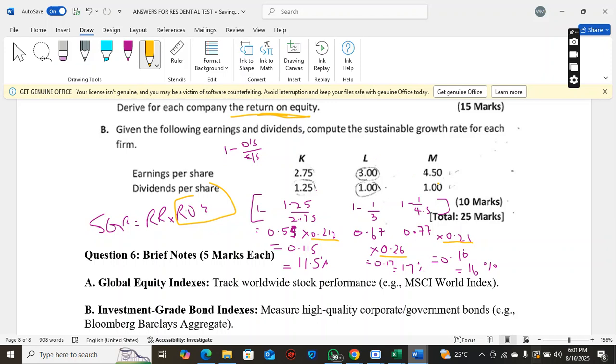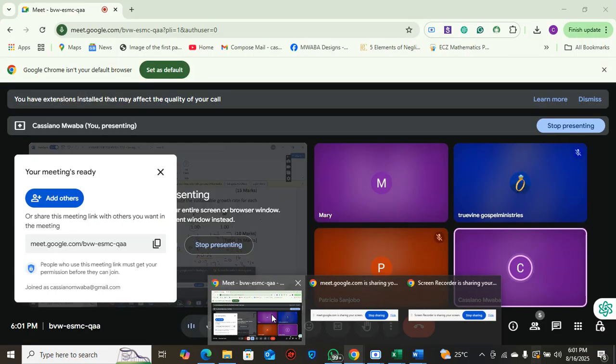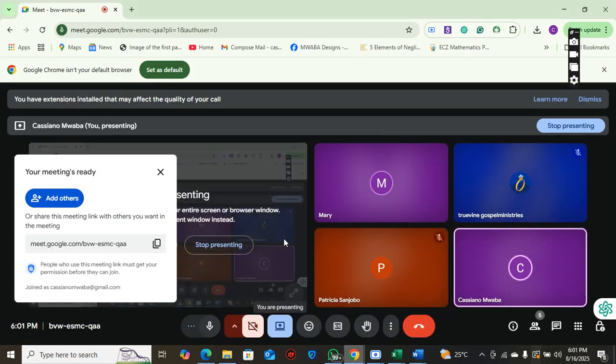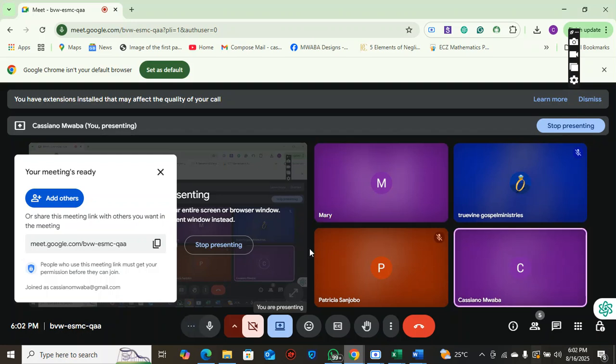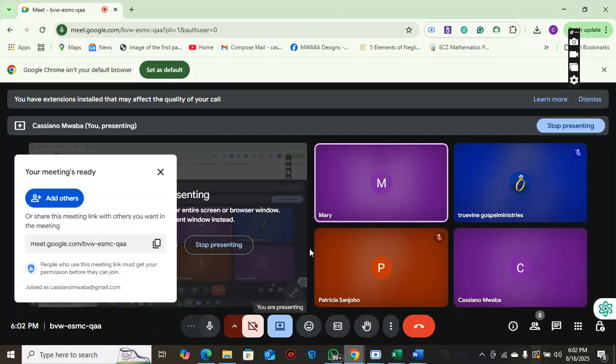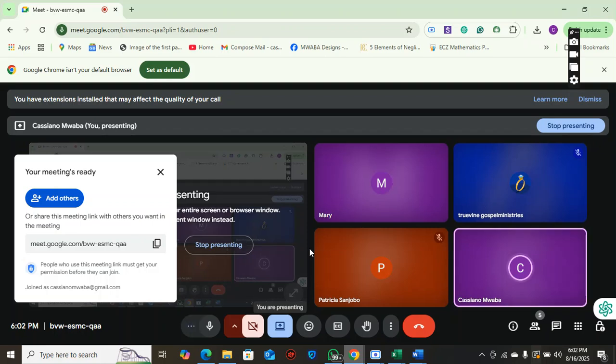So company L is expected to grow at a higher rate with its own profits than M and K. If you're an opportunistic investor, you'd be inclined to invest in company L. But as I said, in reality, you might find the next year or the previous year that company K is actually growing at a higher rate than the other one, or another company M is the one growing at a higher rate.